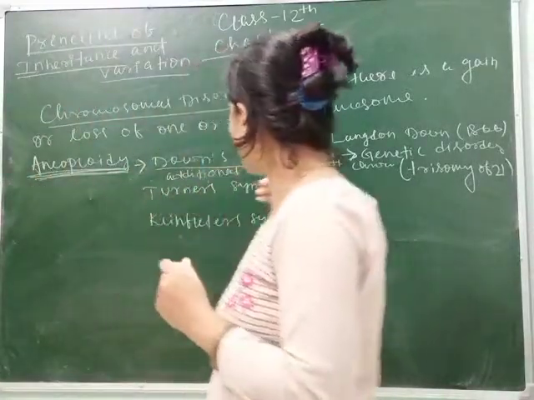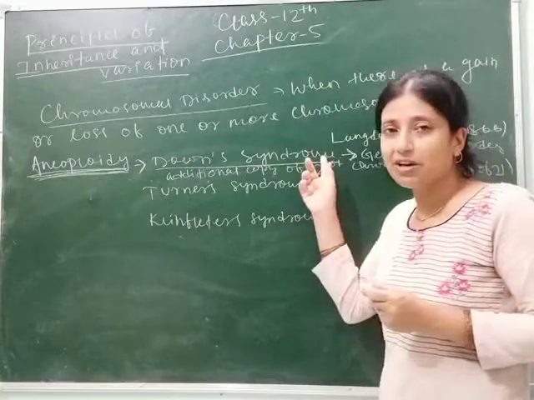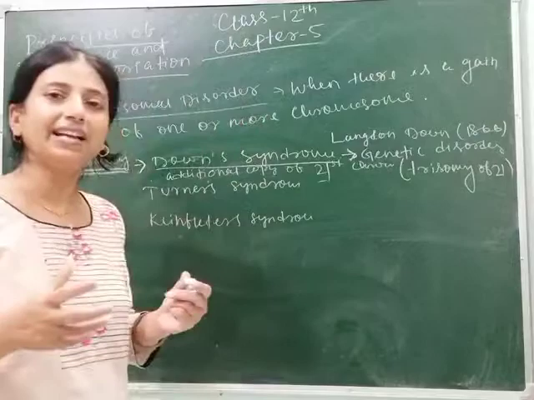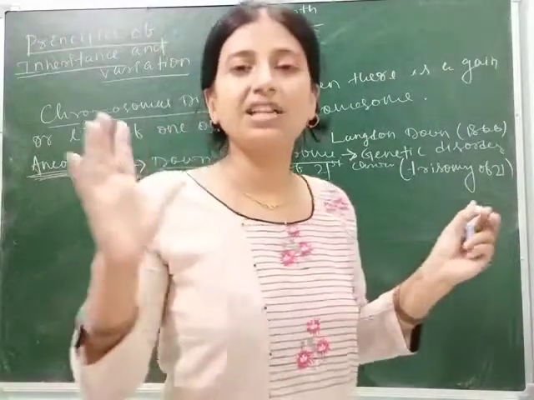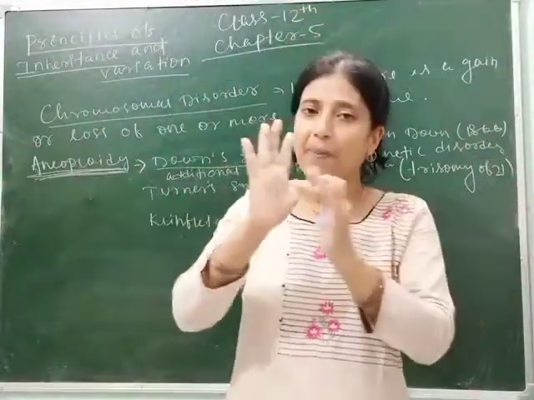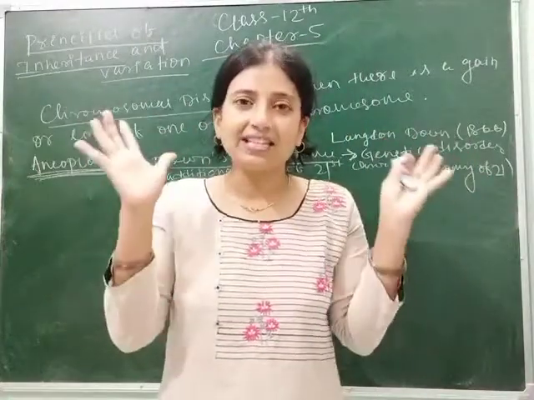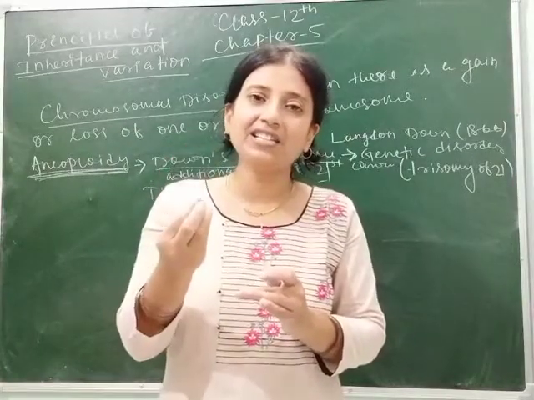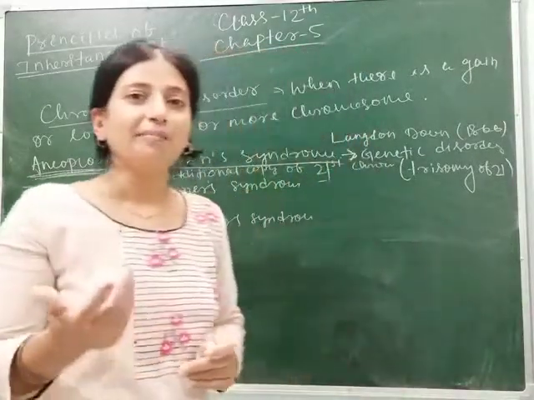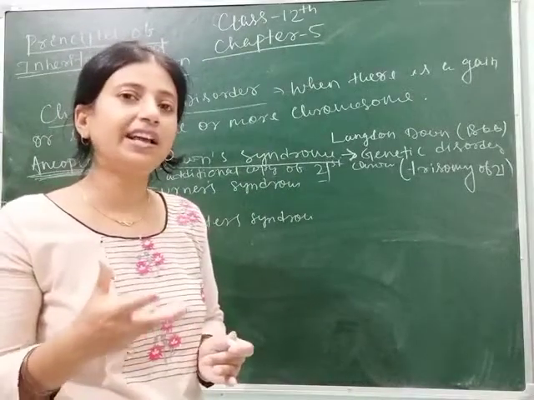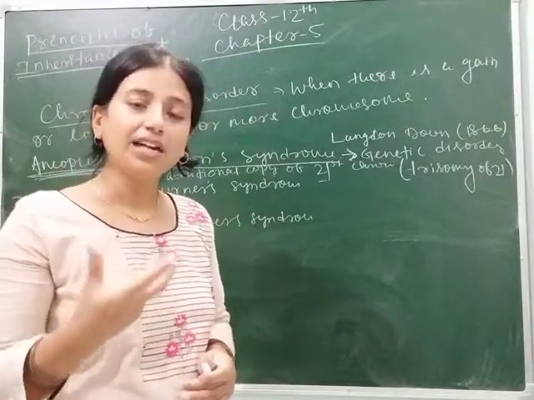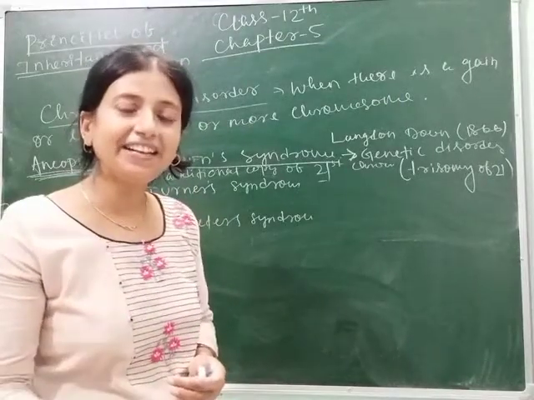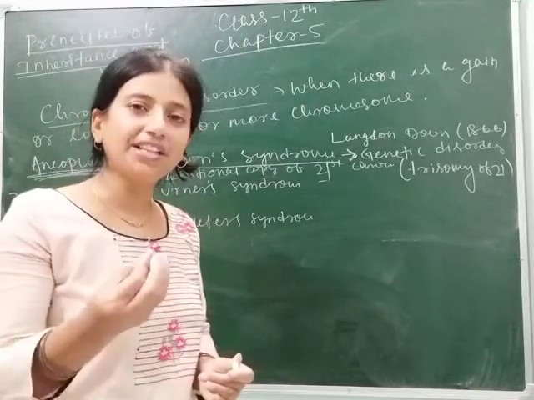As we are studying syndrome, and syndrome means multiple symptoms, the diseased person shows many symptoms. In Down syndrome, the person has a broad palm crease and a large head. The psychomotor is poorly developed, meaning they have less intelligence. Mentally retarded means mental development is very low.